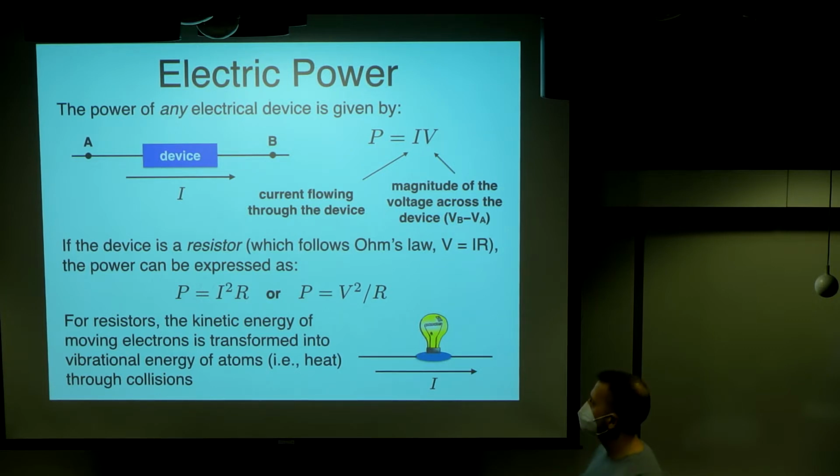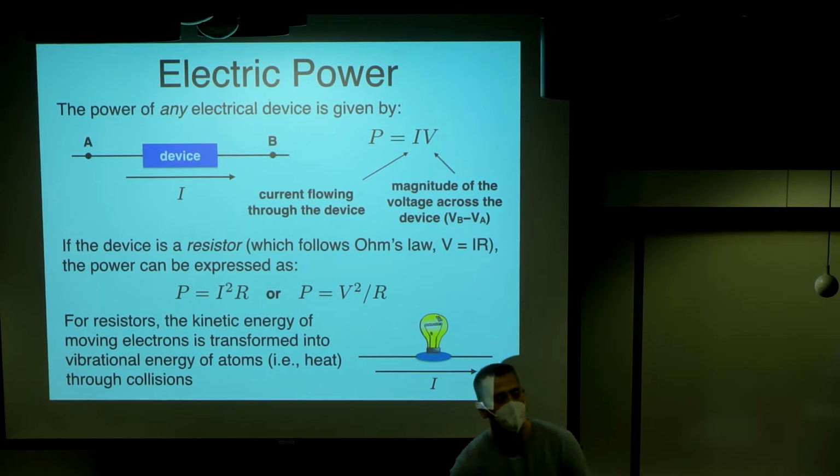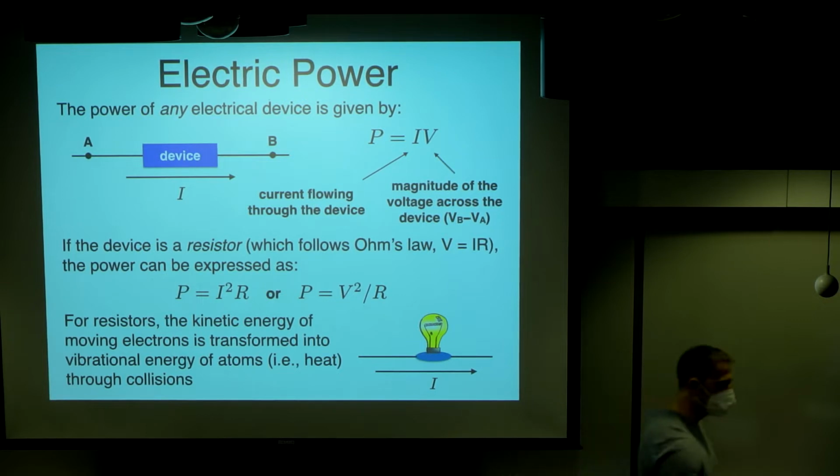So we'll start by deriving that equation. Then I'm going to show you what happens if we have a specific case of a resistor. Okay, so if that device happens to be a resistor, then we'll derive these two equations, okay? So let's do the derivations on pen and paper, and then go back to this to discuss it.